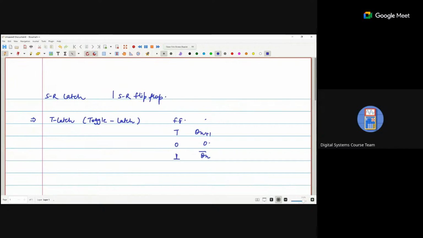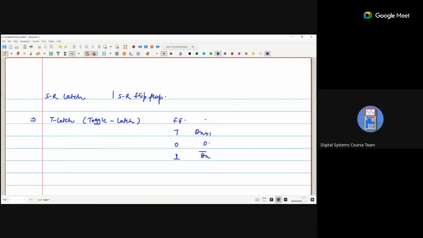Now, in the case of a latch, we use the enable pin in place of the clock. If we are designing a flip flop or latch, before the actual flip flop, I will go with the JK.